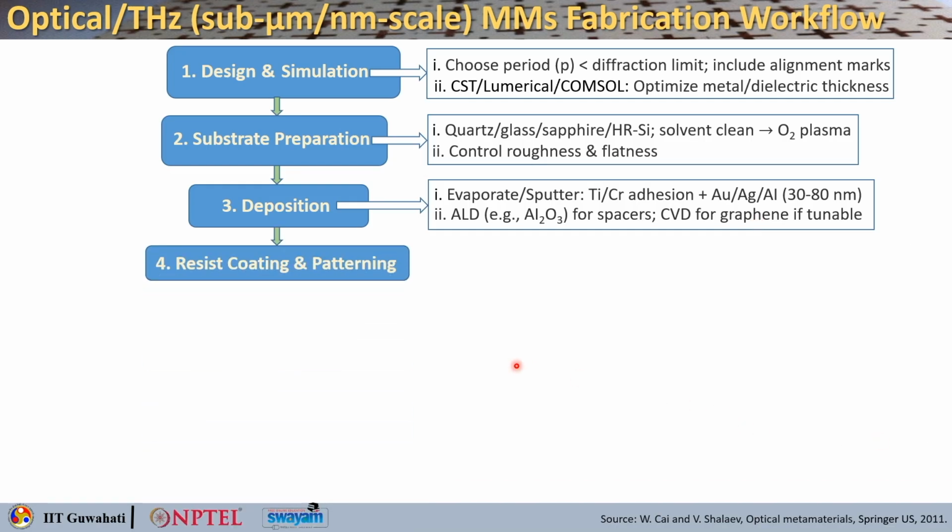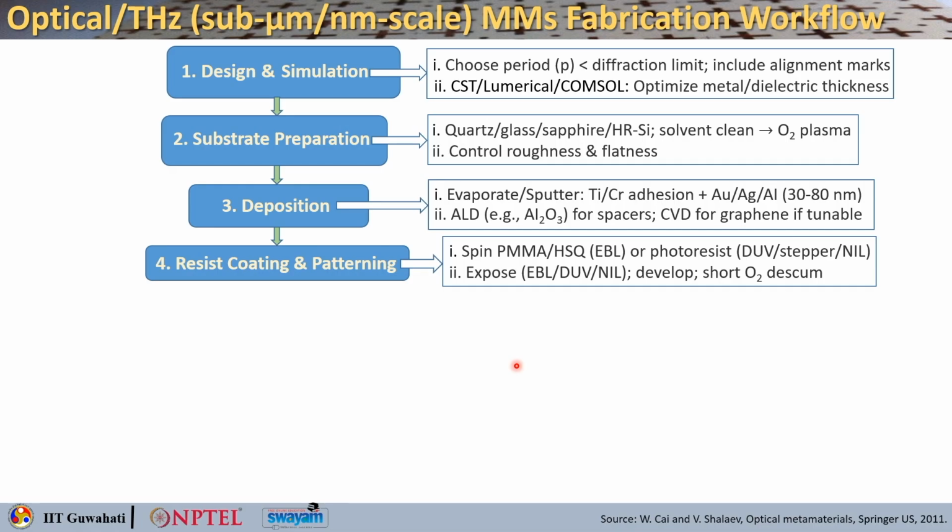Next, you can think of resist patterning. For that you first apply resist materials like PMMA, that is polymethyl methacrylate, which is a positive resist, or you can think of HSQ, that is hydrogen silsesquioxane, which is typically used in EBL as a negative resist.